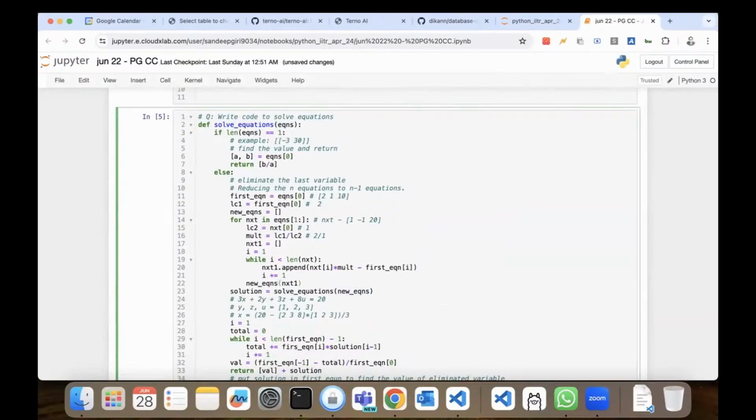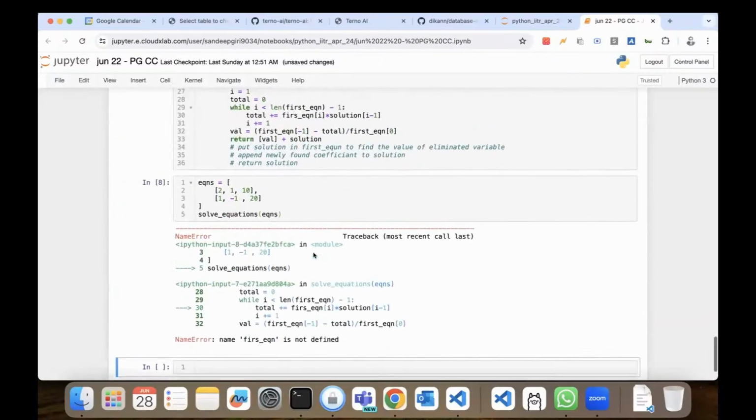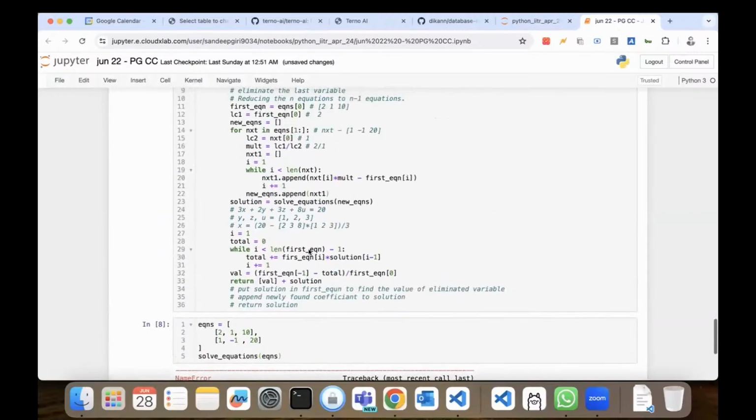What did we do? We are supposed to append the next here. Okay, first equation is not defined. Where is the first equation? Here.